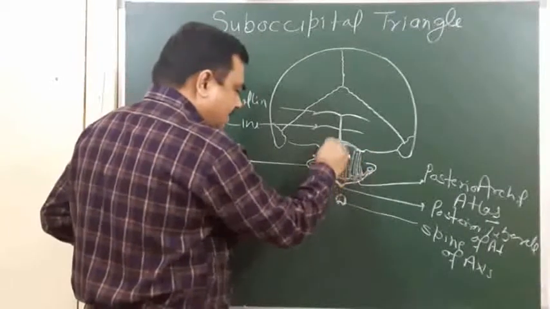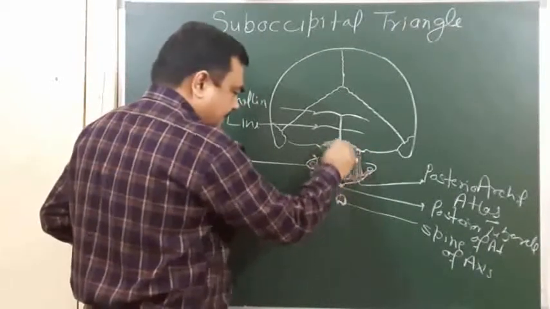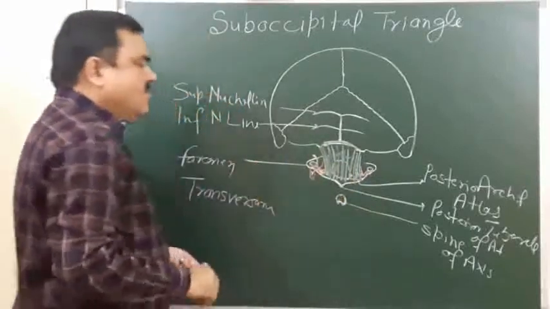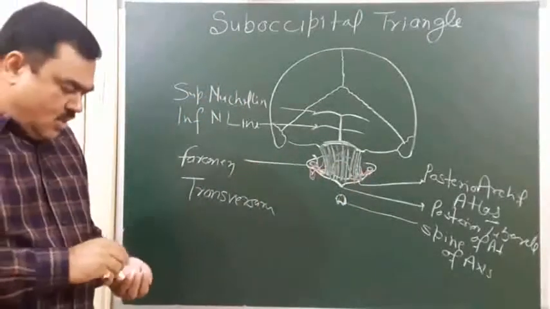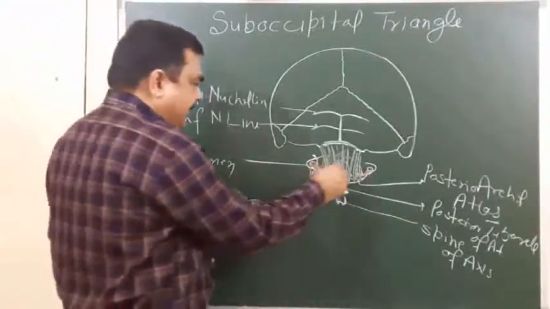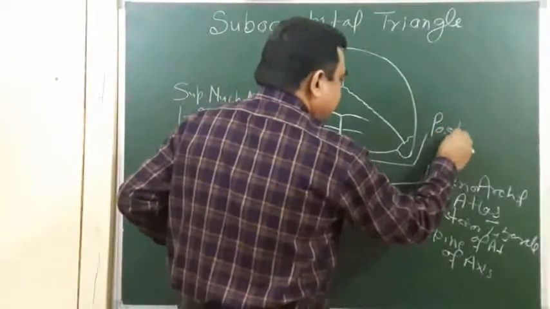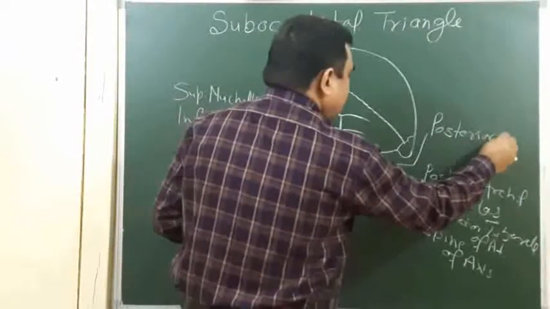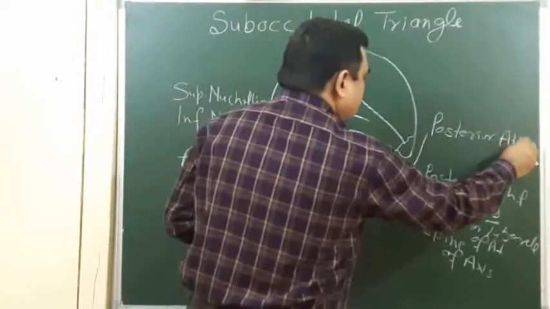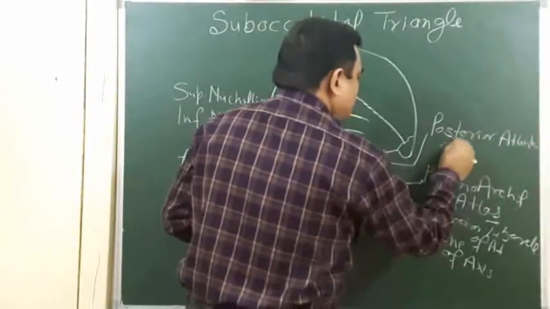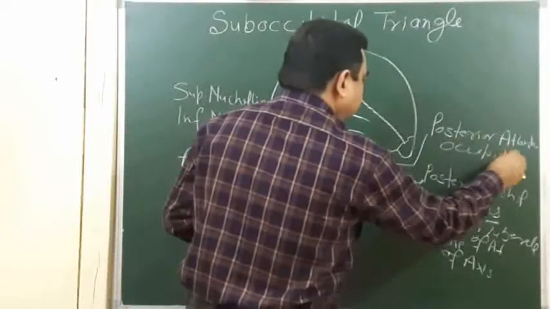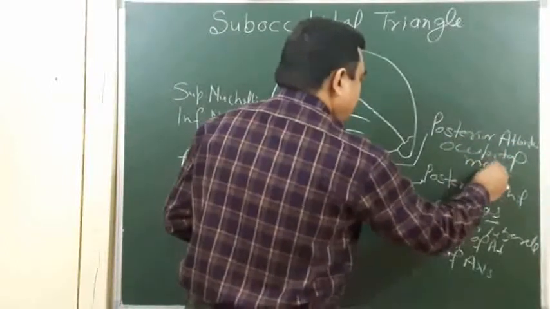This membrane is known as the posterior atlanto-occipital membrane.